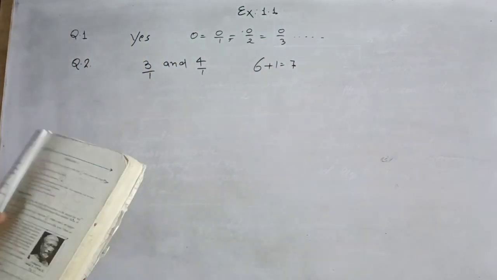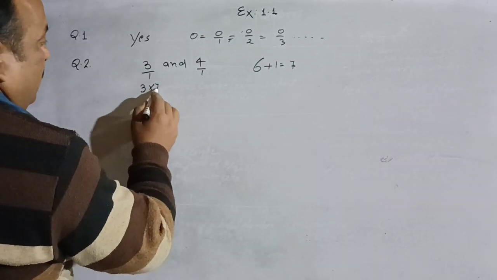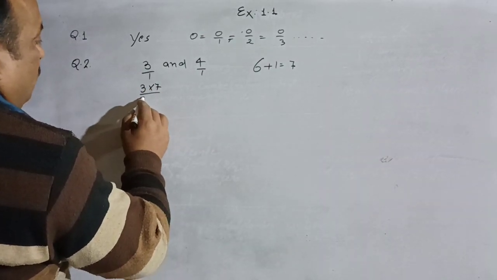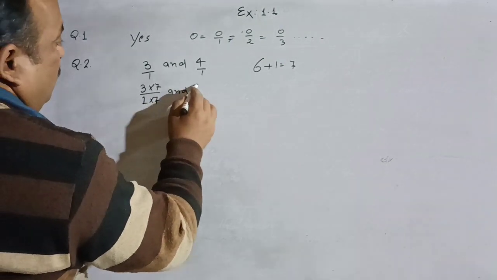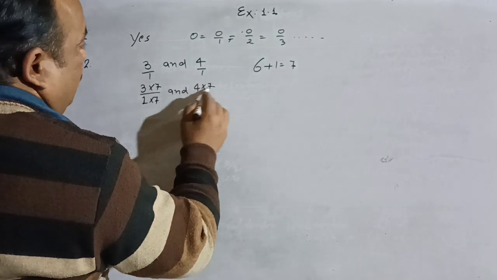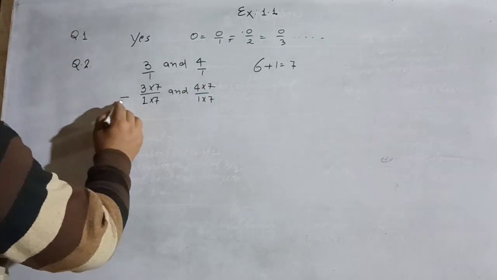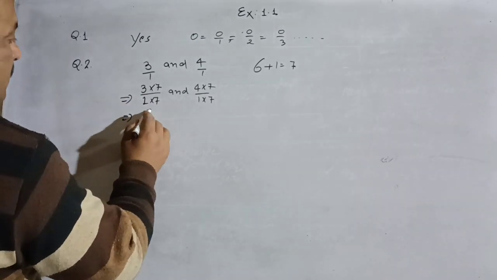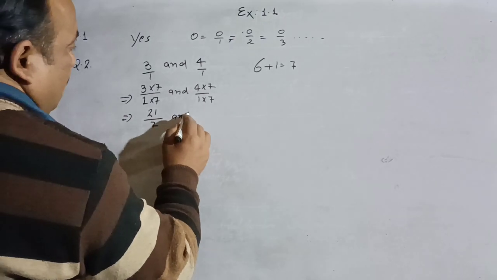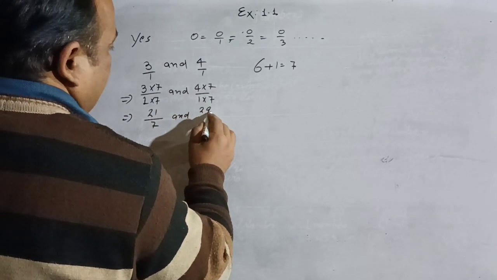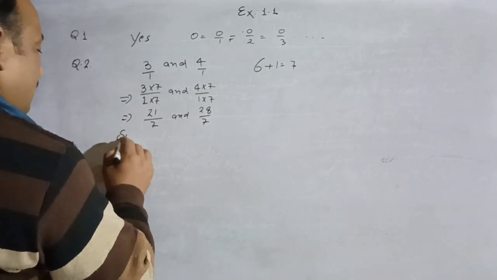So we write 3 into 7 upon 1 into 7 and 4 into 7 upon 1 into 7. After multiplication, 7 threes are 21, and 7 ones are 7, and 7 fours are 28, and 7 ones are 7.